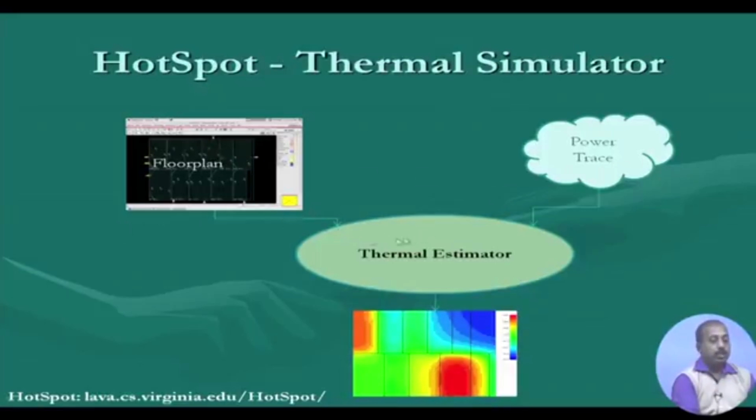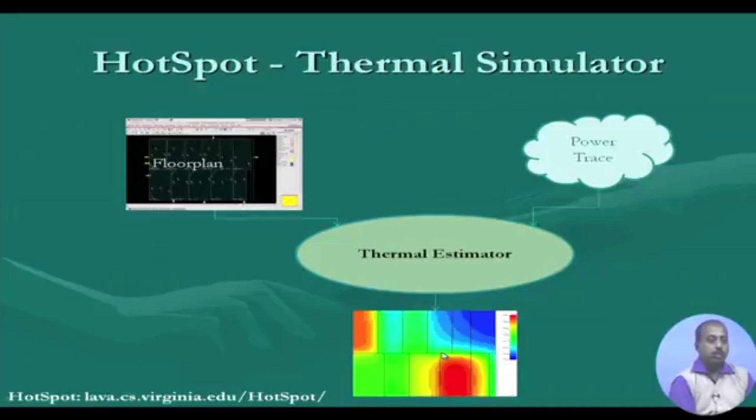It may be a block level estimator or a gate level estimator. Whatever it is, the floor plan and the power trace are fed to this thermal estimator. It does some thermal simulation and then comes up with the thermal modeling. It gives the temperature distribution of various blocks in the circuit.